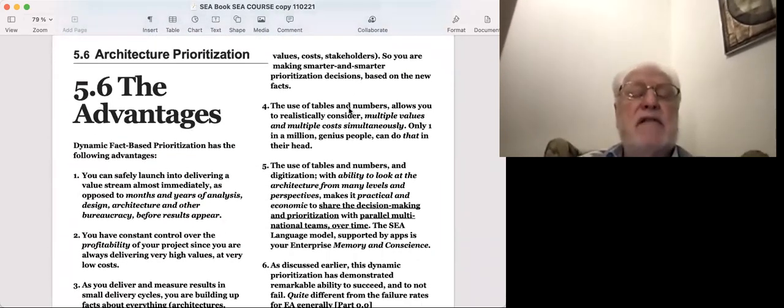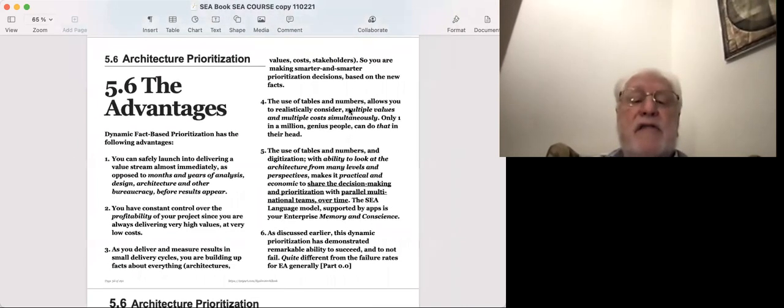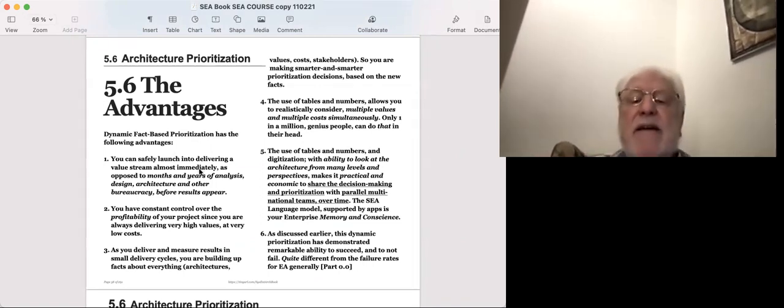Okay. 10 more minutes. Okay. So here are some we call advantages from the prioritization using the dynamic fact-based prioritization. And one of them is you can launch and start delivering almost immediately practical results for your organization, for your stakeholders. It didn't say you're going to code any code whatsoever. Okay.